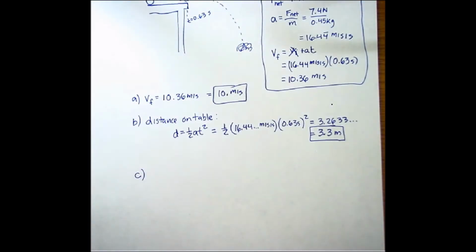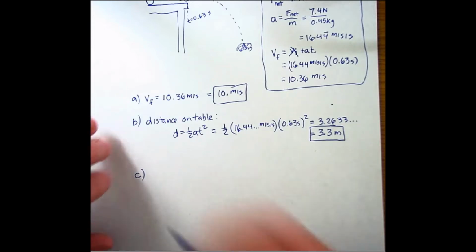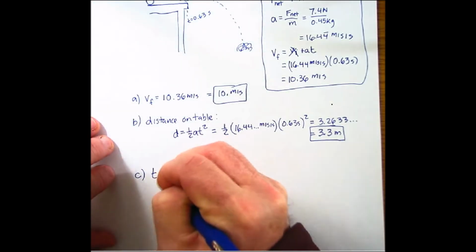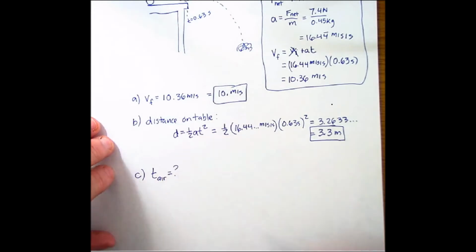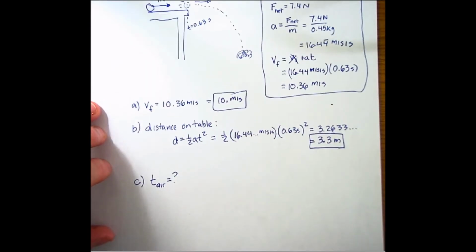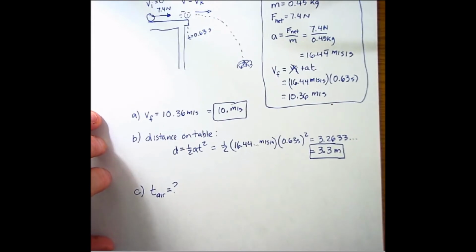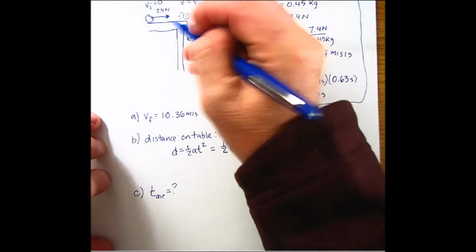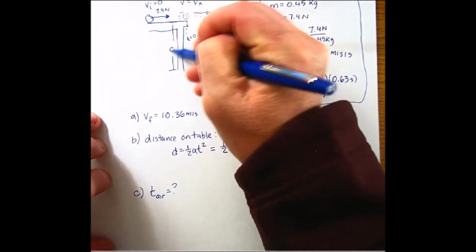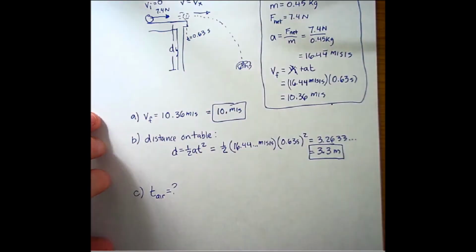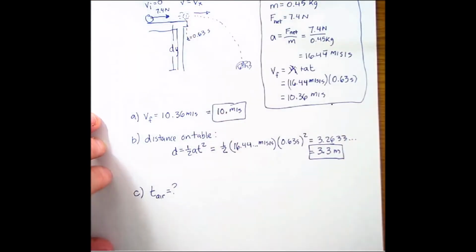And so the first question there says, how long will the ball be in the air? I'm basically looking for the time in the air. Well, the time in the air, when you're talking about a trajectory problem of this sort especially, depends completely on the height from which the object was dropped, right? That's the distance in the y direction.